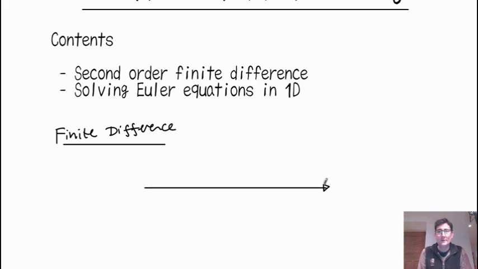A dimension here we'll label x, and in principle there are an infinite number of points on here, but we choose a finite set that we're going to use. So xn, we number them with n, and xn is one of them. We have xn plus 1 and xn minus 1, and then obviously there are more in each direction.